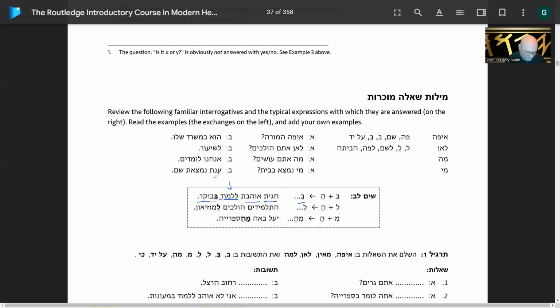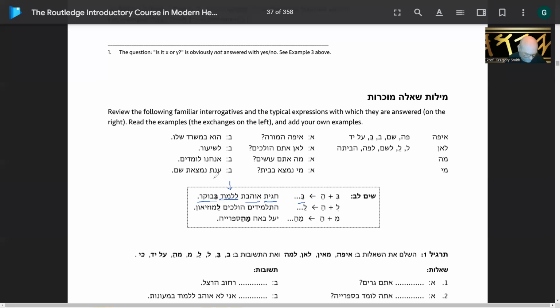Yeah, that's right. חגית אוהב ללמוד בבוקר. Yeah, oh, it's ohevet. Okay, so that's got to be ohevet. That's right, because Hagit is a girl. Let's try that.